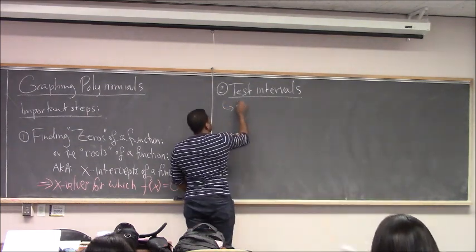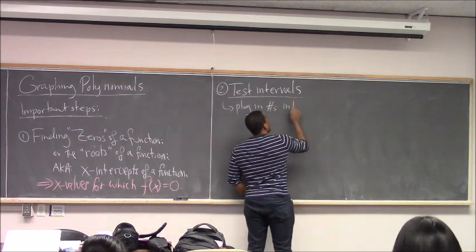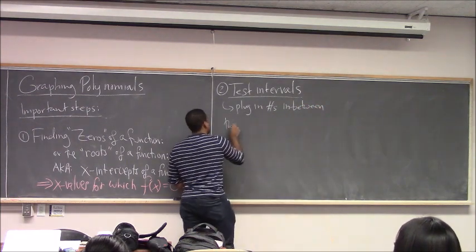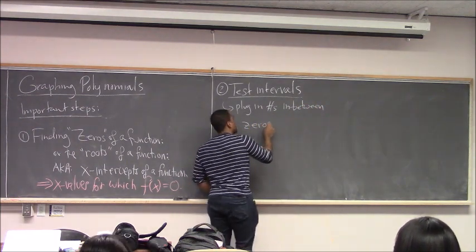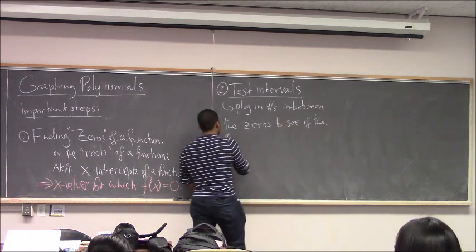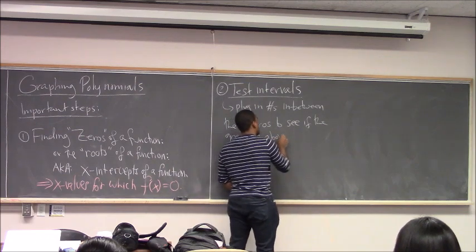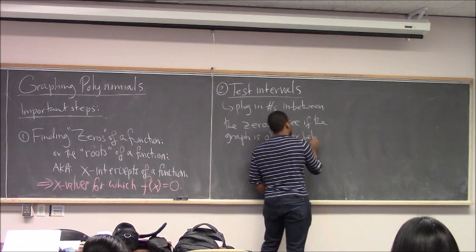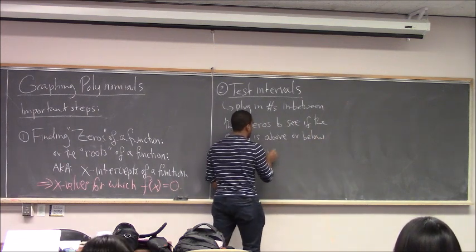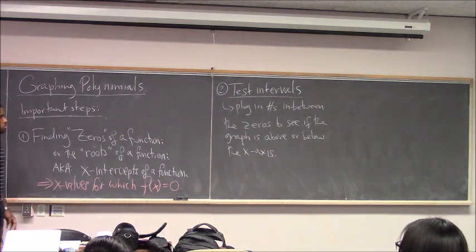So plug in numbers in between the zeros to see if the graph is above or below the x-axis. So that's going to show you roughly where the position is.